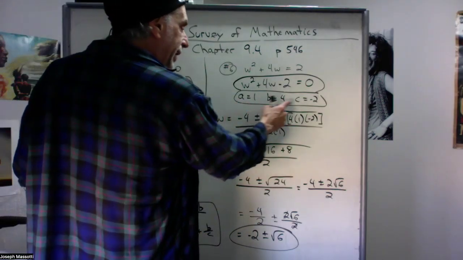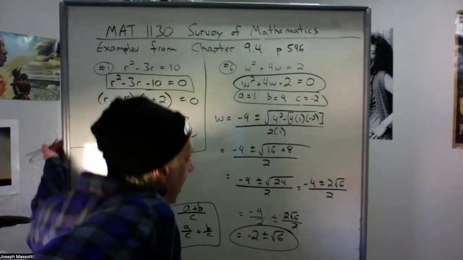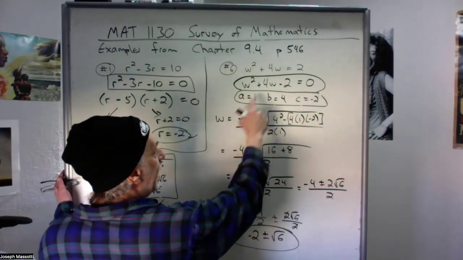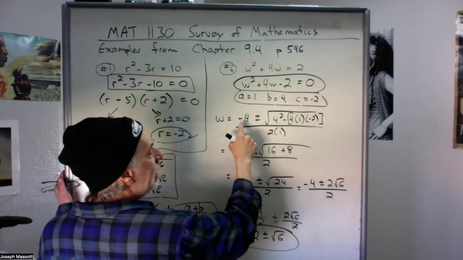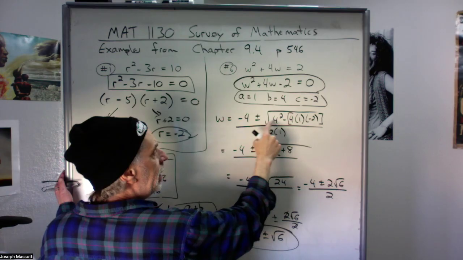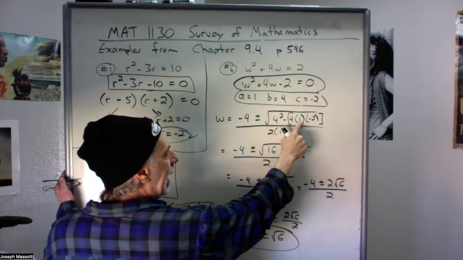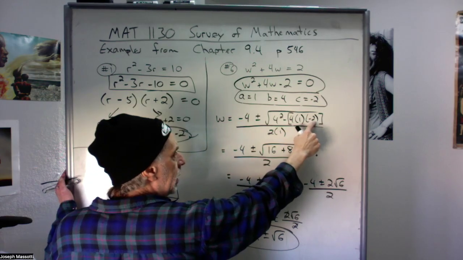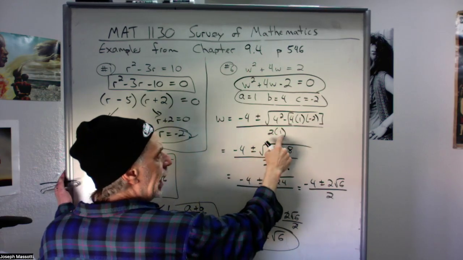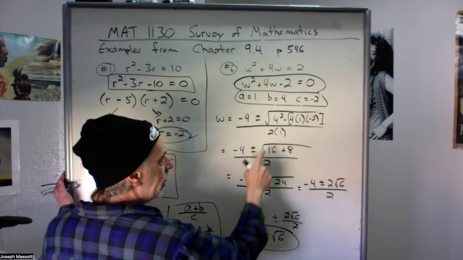Once we have the a, b, and c, now we're just plugging into the quadratic formula, right? And the quadratic formula says that the unknown variable is going to equal -b plus or minus the square root of b squared minus 4ac, all of that over 2a. And then we just carefully calculate that value, right?